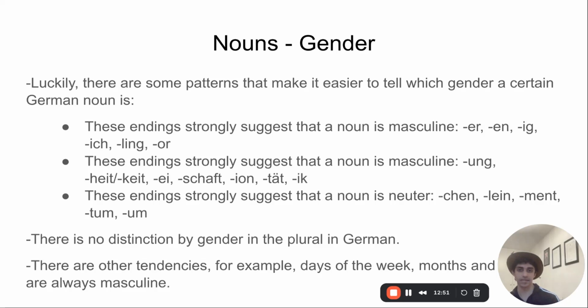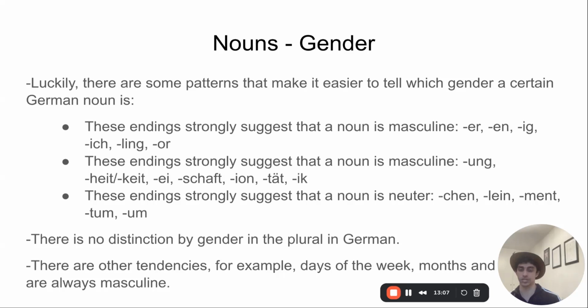These tendencies generally are true. There can be a few exceptions, but the majority of the time, these patterns do hold true. So they can really help accelerate the learning process.